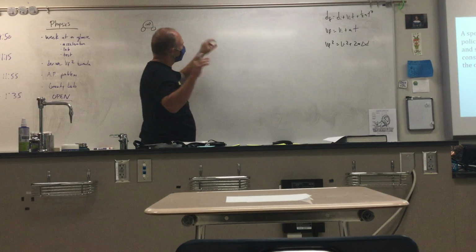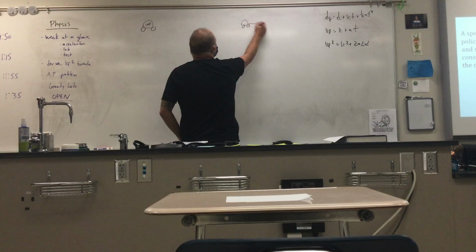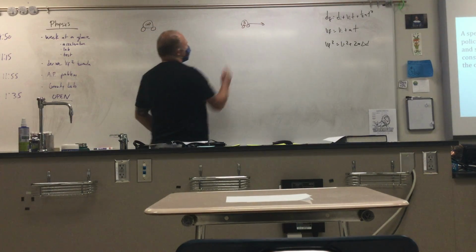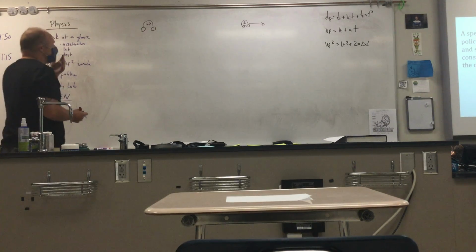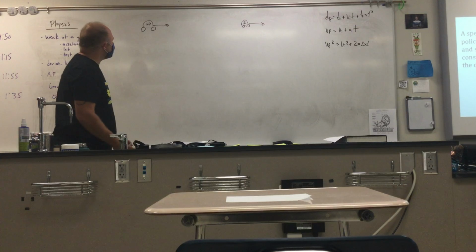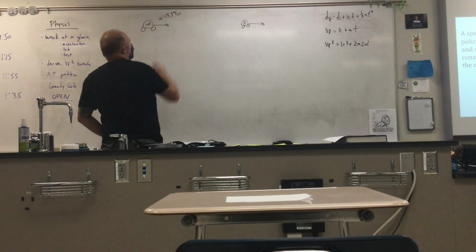So if you imagine the problem starting, the speeder is already down the road. I'm just going to call this S for speeder. This is really what the problem looks like. The cop has an acceleration of 15.5 meters per second squared.